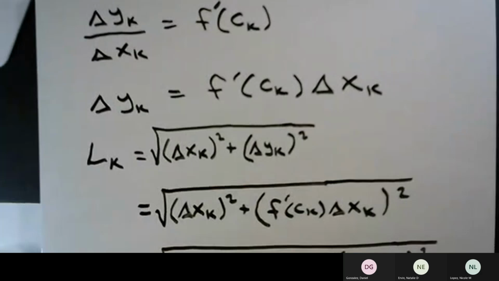And then L, the square root of delta xk squared plus, sorry, delta yk squared.